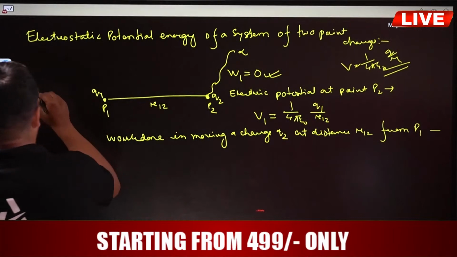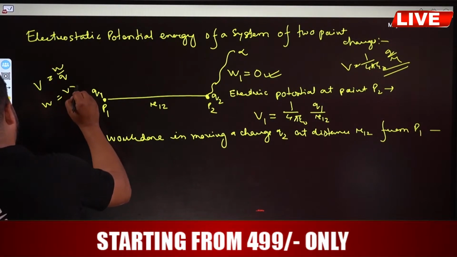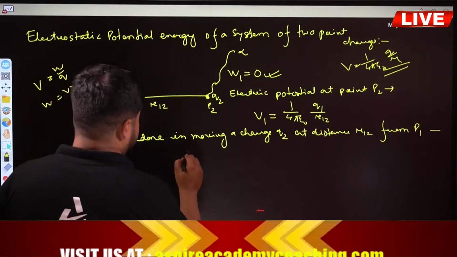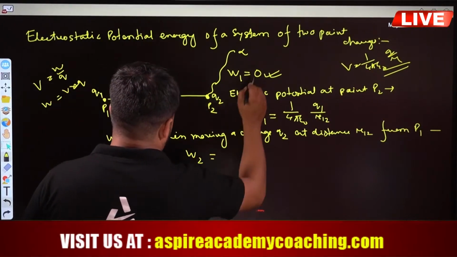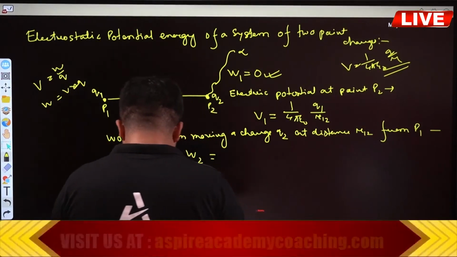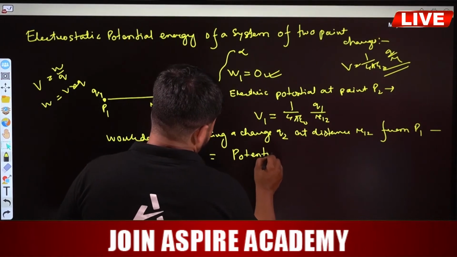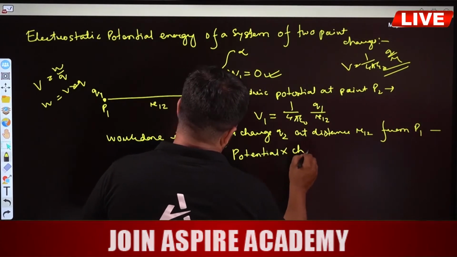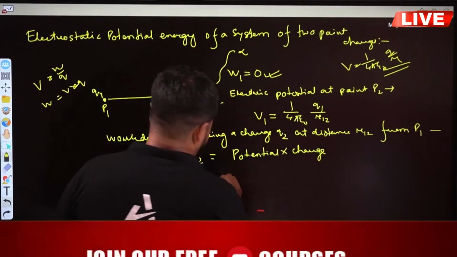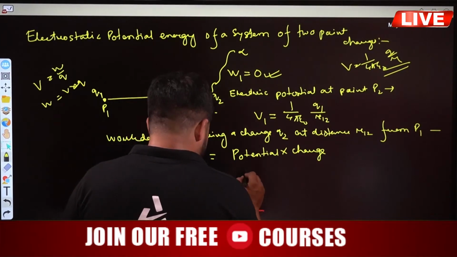Then what is the work done here? We know that V is equal to W by Q, so W is equal to V into Q. Here we call it W2, work done W2. Already W1 work done is 0. So W2 will be potential into charge. What is the potential here?